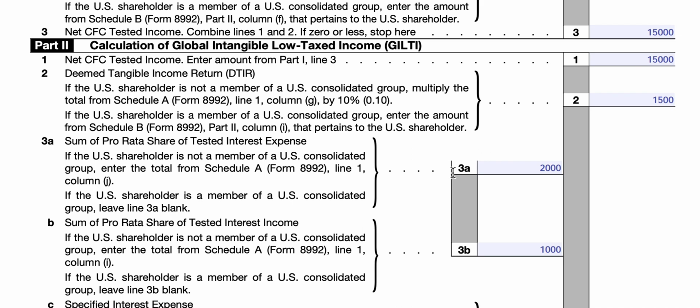In lines 3A and 3B, we're going to enter the pro rata share of tested interest expense, and then the pro rata share of tested interest income.